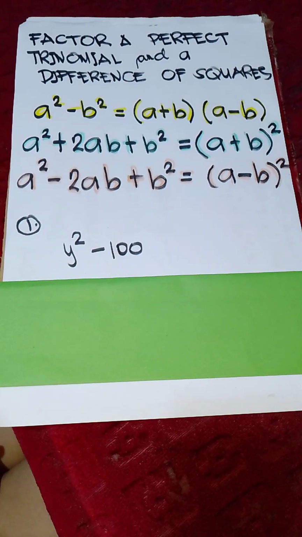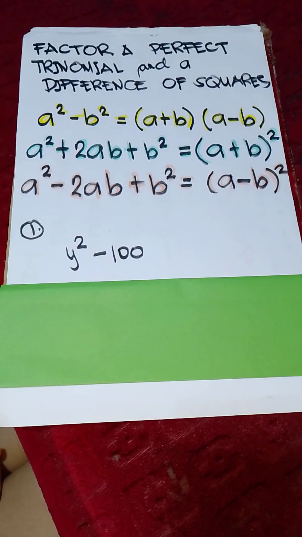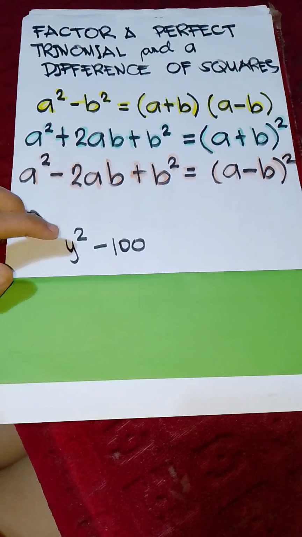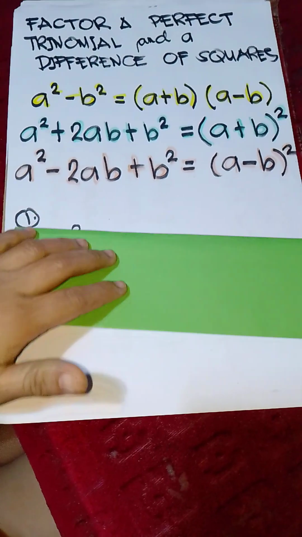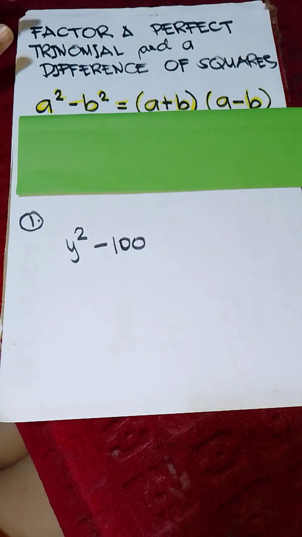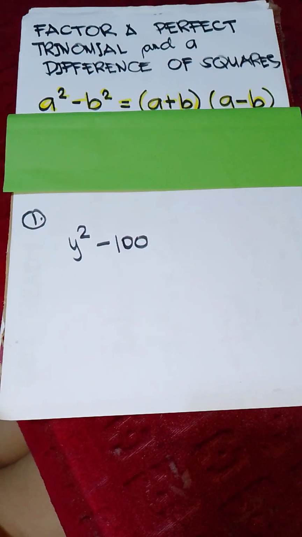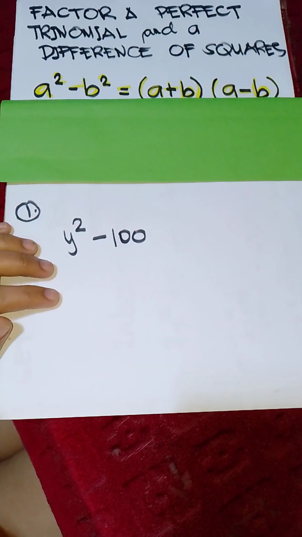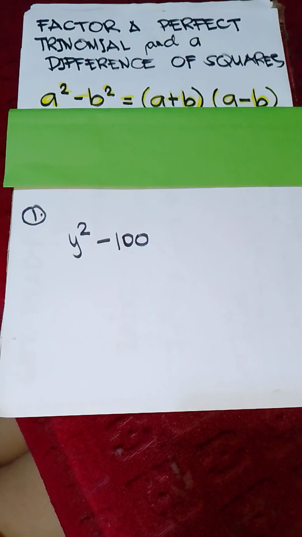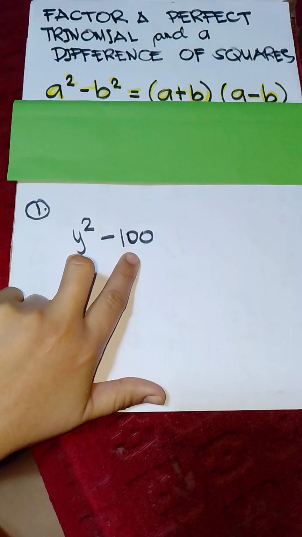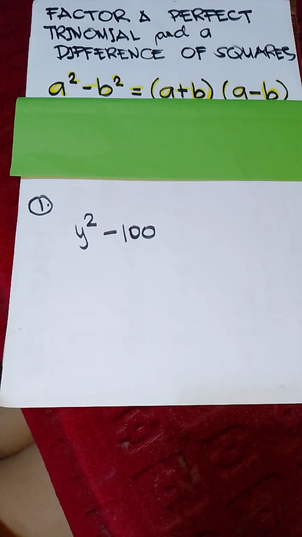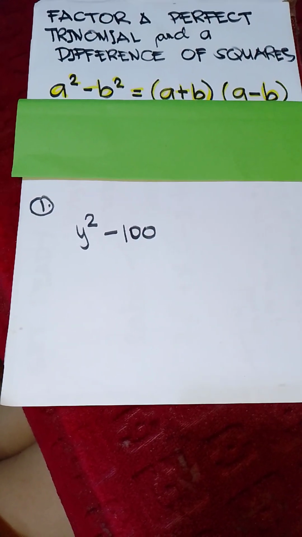y squared minus 100. So y squared minus 100 is in the form of a difference of squares. Before going to factor, let us see first if the first term and the second term of this binomial are perfect squares.